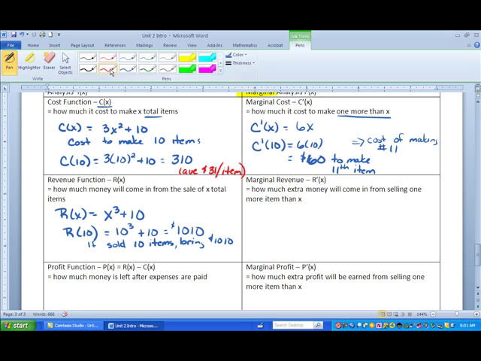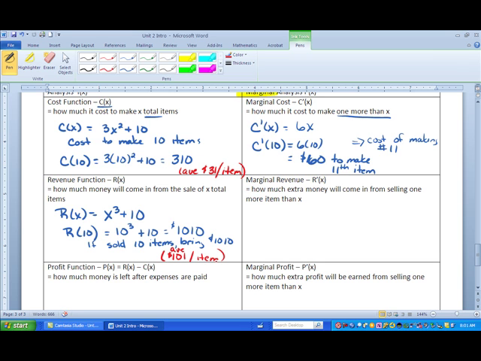Again, if we wanted to have an idea of how much we're selling each bike for, so let's say that I didn't have a set price, or if I did have a set price, then this will be exact. But what if people made bargains on these things? What if they talked the seller down? But on average, if we divide by 10, that says that we were charging about an average of $101 per item.